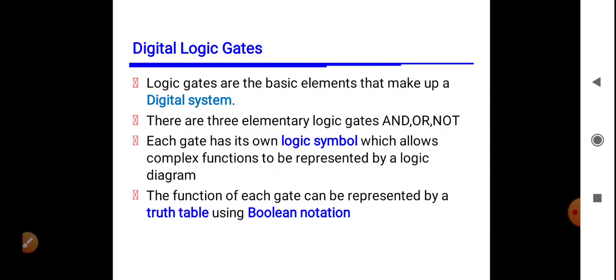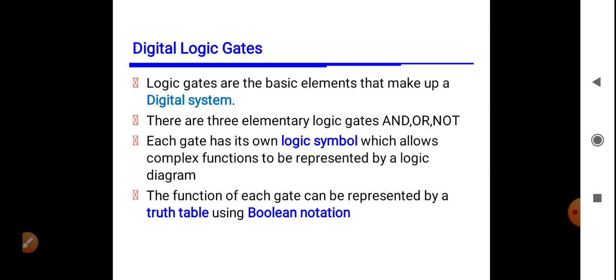A Boolean function itself represents some variables, either capital letters or small letters, with logic functions. In order to understand this concept, first we must know the basic things in terms of digital system design.